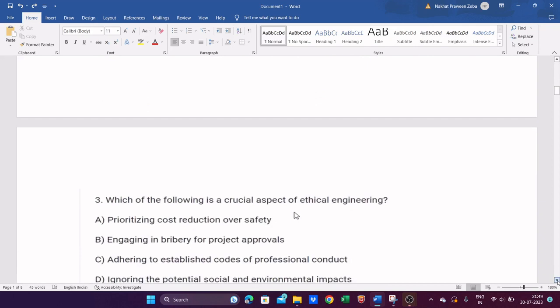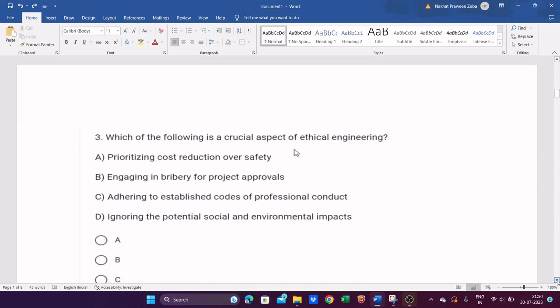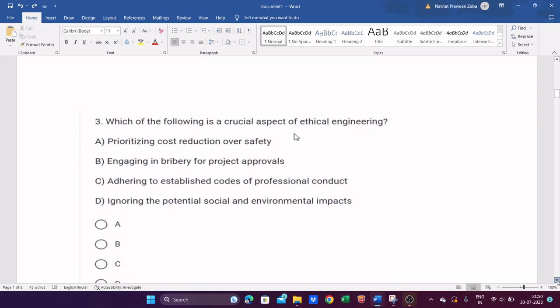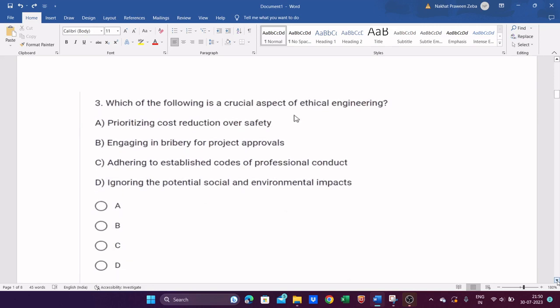Next is question number 3. Which of the following is a crucial aspect of ethical engineering? Prioritizing cost reduction over safety. Engaging in bribery for project approvals. I don't think so. Adhering to established codes of professional conduct. Ignoring the potential social and environmental impacts.